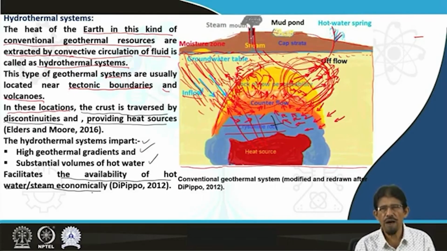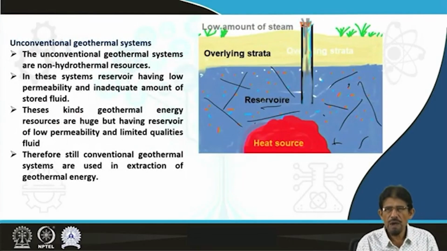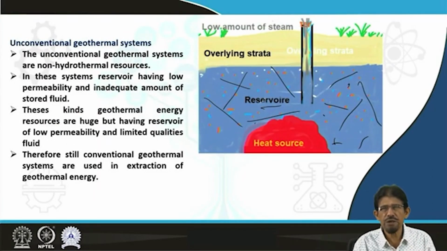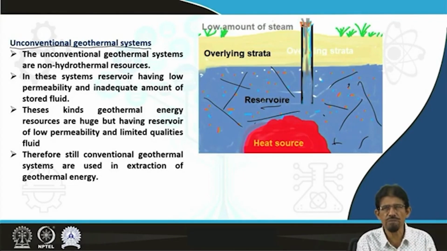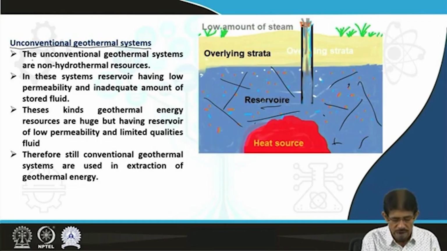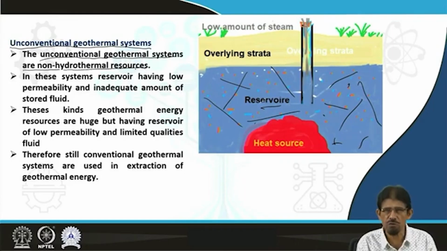economically for industrial use. Besides this type of conventional geothermal system, we have unconventional geothermal systems also available throughout the world in suitable locations. The unconventional geothermal systems are non-hydrothermal resources.